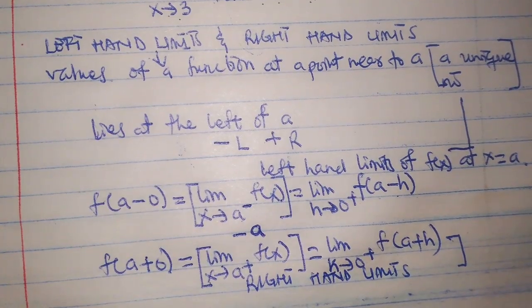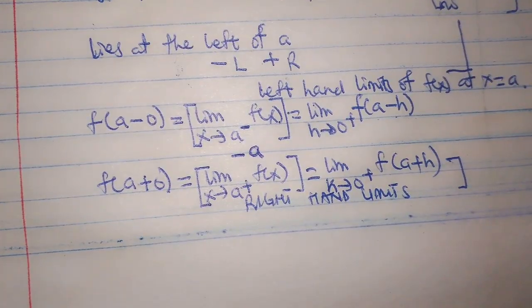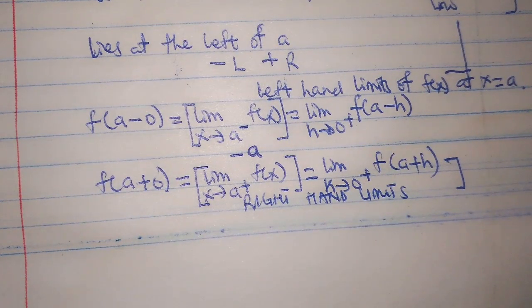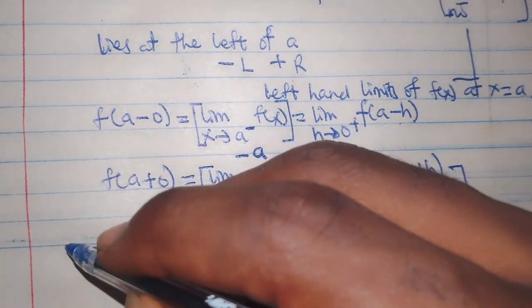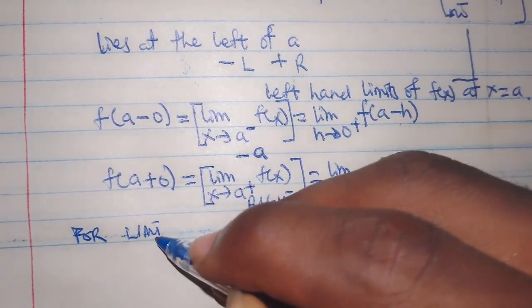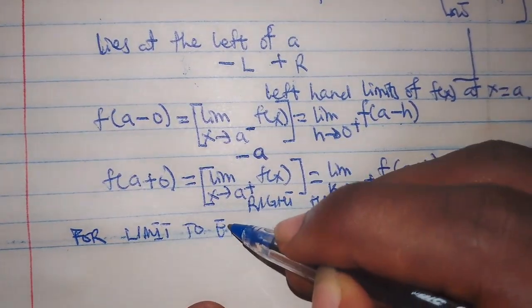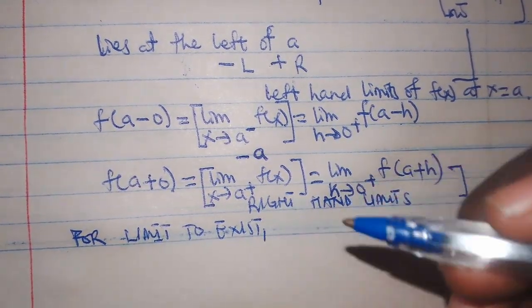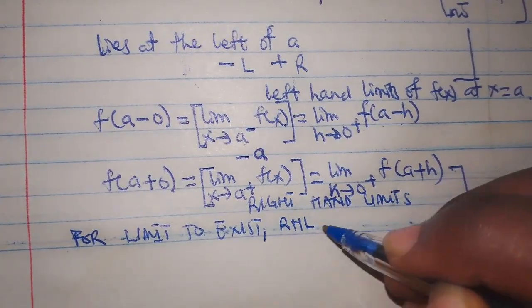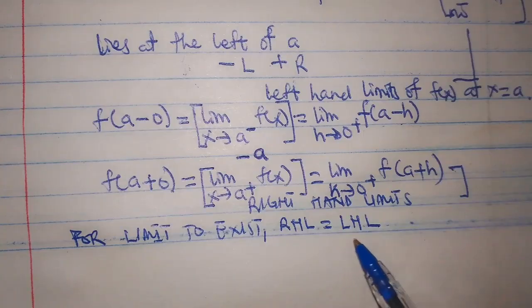Okay, now we are saying that for a limit to exist, this is very important, the right hand limit must be equal to the left hand limit.